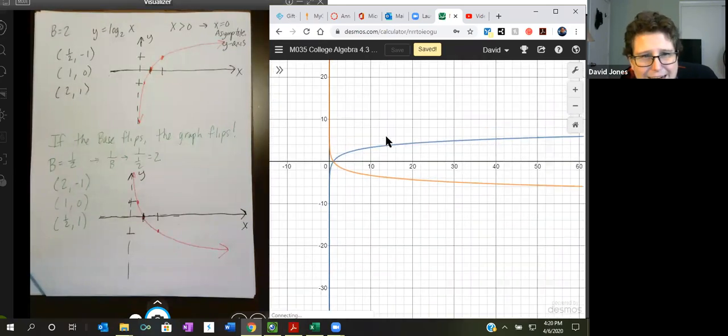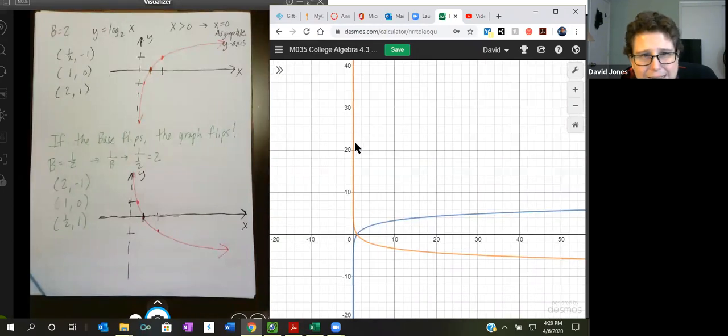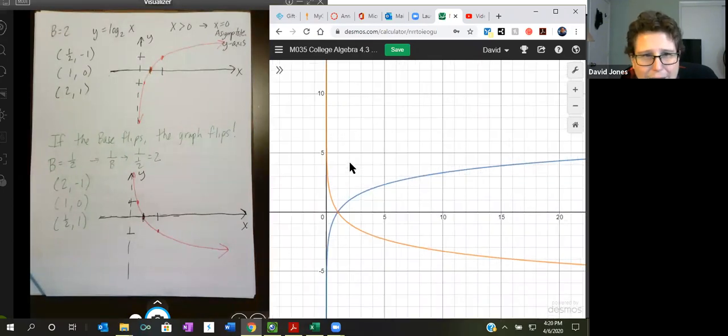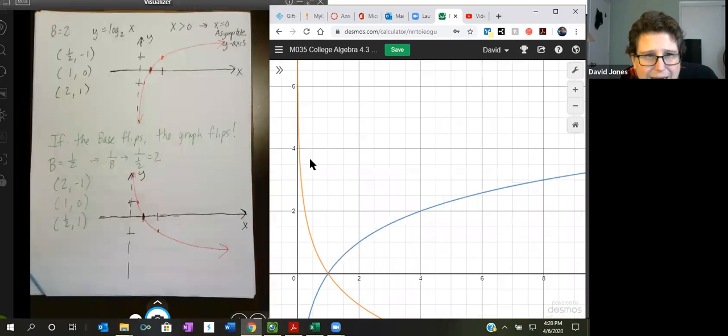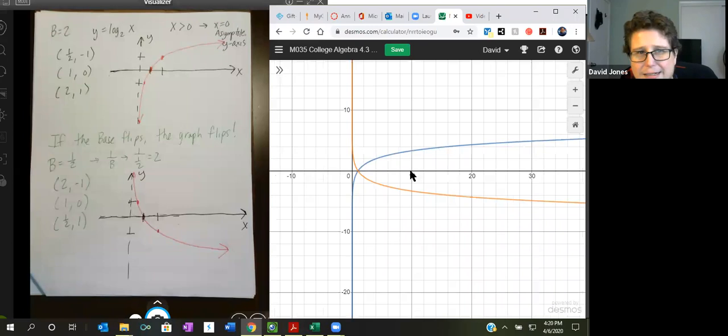So we can see it right there. It's flipped over. The orange is coming along here. The blue is going along there. And the orange goes up and follows the y-axis upwards. We can see it following it upwards. Whereas when the b's normal, it's like that. It's kind of neat.